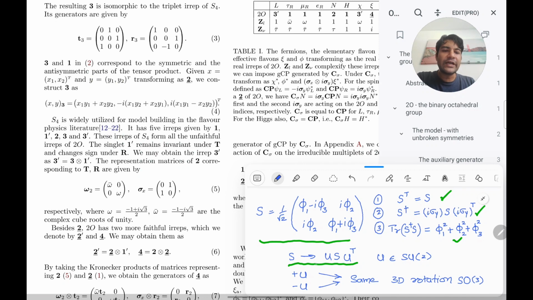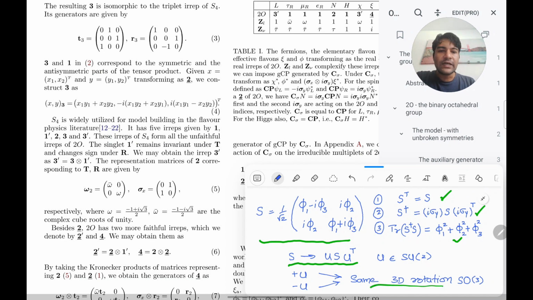So you can show that under this transformation, the earlier three properties of the matrix, that S is symmetric, S dagger is i sigma y S i sigma y transpose, and the trace of S dagger S is the square of the length, remain invariant, and therefore this transformation also corresponds to a rotation in three-dimensional real space, and it demonstrates that SU(2) is a double cover of SO(3).